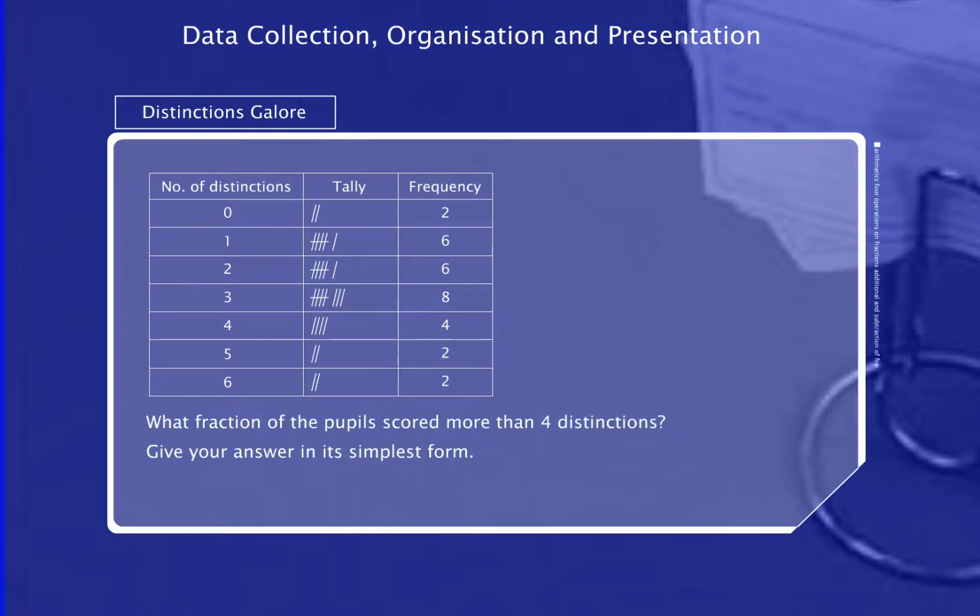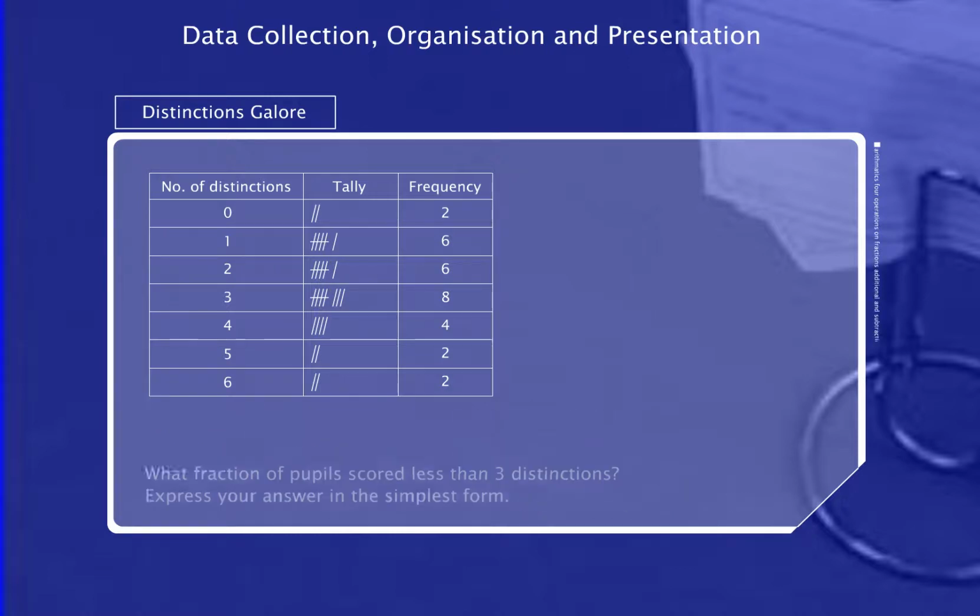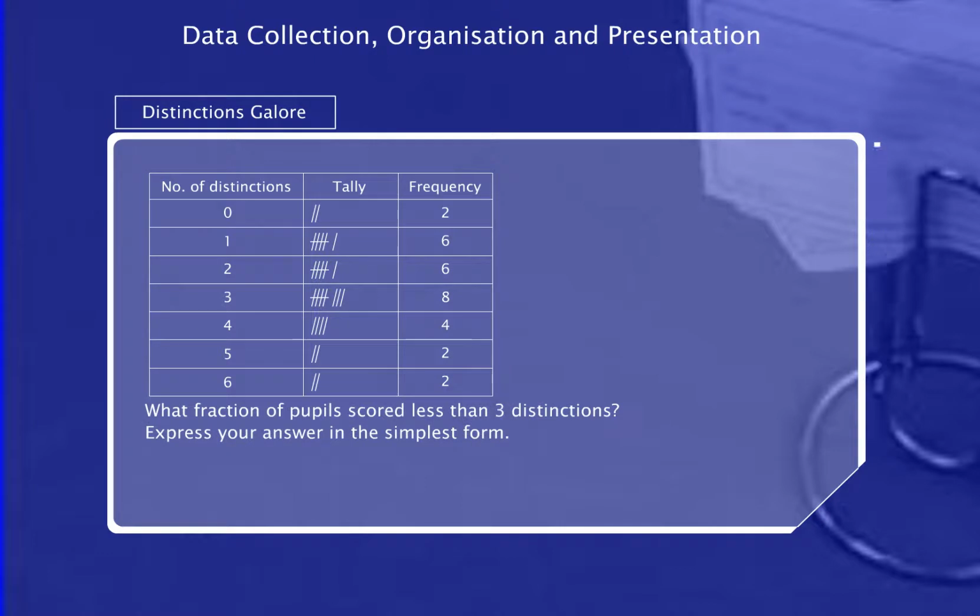What fraction of the pupils scored more than 4 distinctions? What fraction of pupils scored less than 3 distinctions?